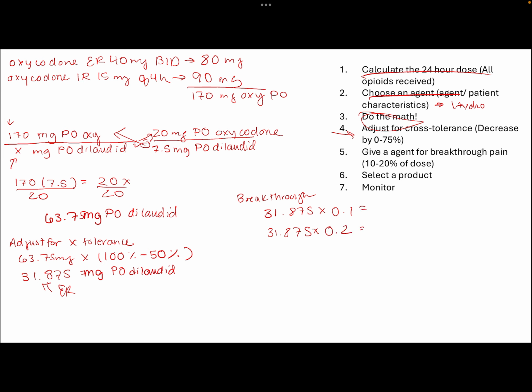Okay, so that should give us like 3.1875 to 6.375. I'm going to apologize for bad math over here. I was going off the top of my head and I forgot that I needed to have that 0.5 in there. Okay, so these are our IR formulations.